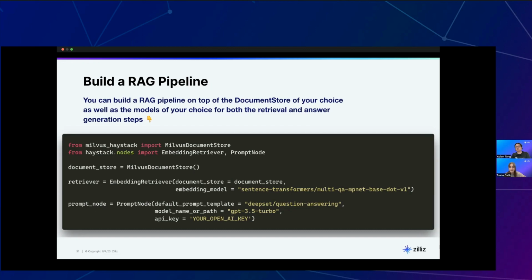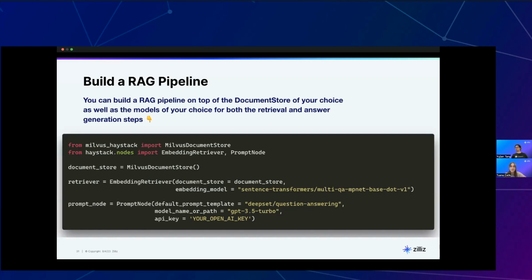I'm not going through the indexing pipeline, but you could have also done that to prepare your data to put into Milvus document store. Next is the retriever. Again, here you have a bunch of options. A retriever in Haystack, I'm using an embedding retriever here, is essentially the model you have decided to use to query your vector database. And I also saw a question come in about this, one of the first questions in Q&A.